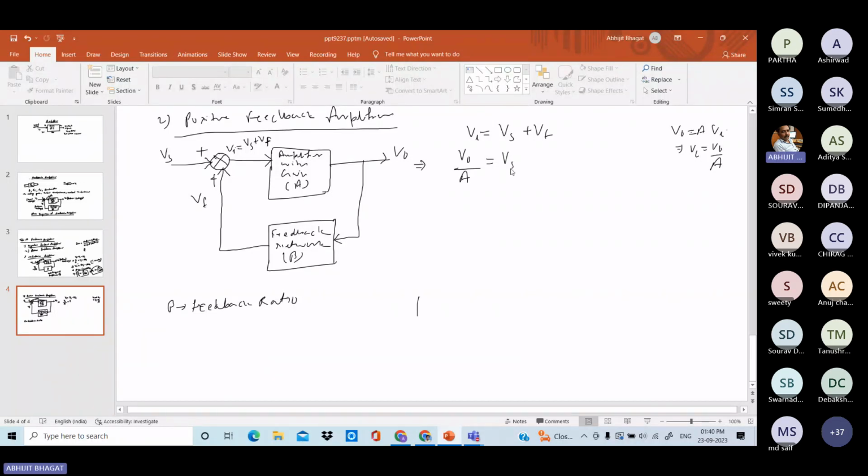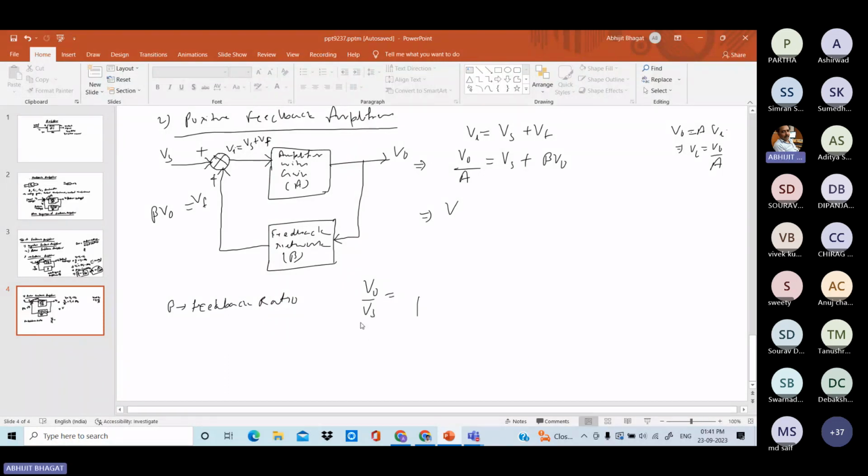Here it is Vs plus VF, and VF equal to what? VF equal to beta times V0, a part of V0. So it is VF equal to beta V0. Put this beta V0. Our target is we are finding the gain. Gain means what? Output by input. So V0 by Vs is the output voltage by input voltage.